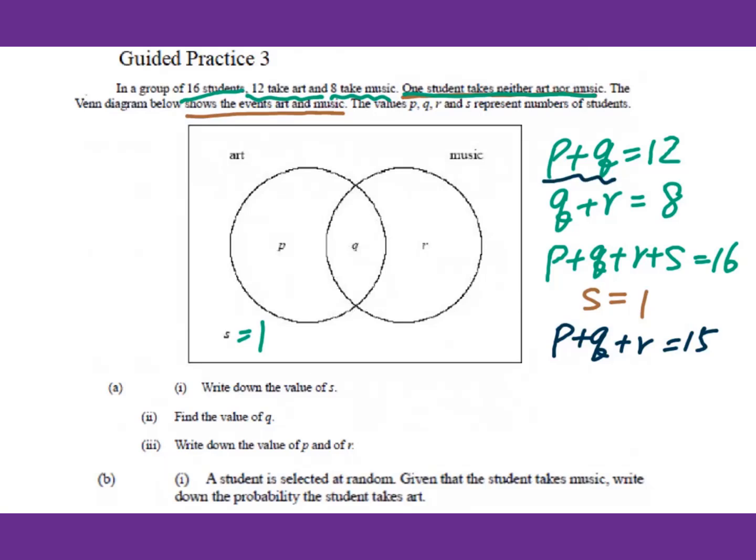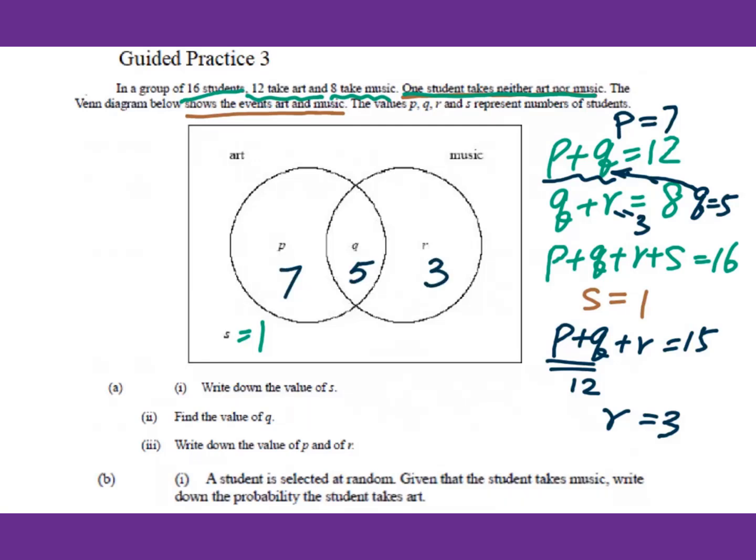P plus Q equals 12, so R equals 3. Therefore, you can get Q equals 5. So we plug in here. Q equals 5, I can get P equals 7. So 7, 5, 3, and this is 1.